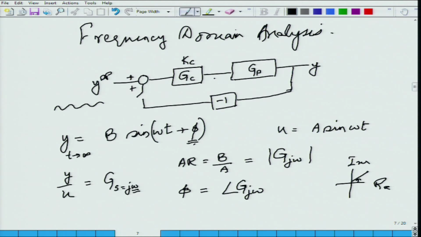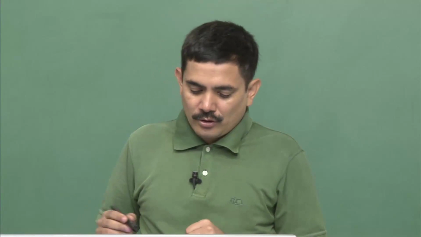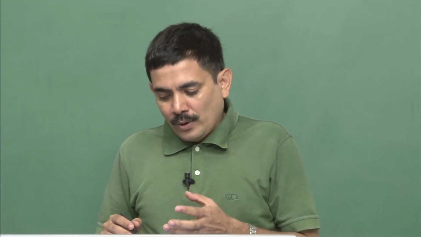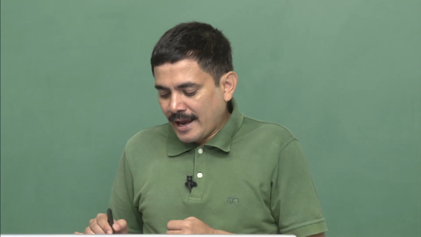Well, I will tell you why it is relevant. You can see that the amplitude ratio and the phase shift are functions of omega, because G is a function of s. If you put s equal to j omega, the real part and the imaginary part of that complex number will depend on omega, and as omega changes, the real part and the imaginary part change. As they change, its magnitude and its angle change.